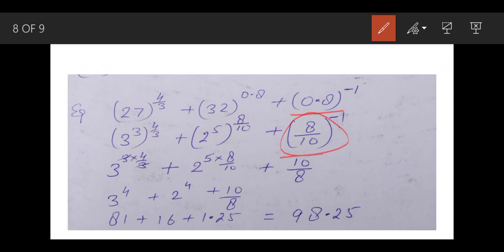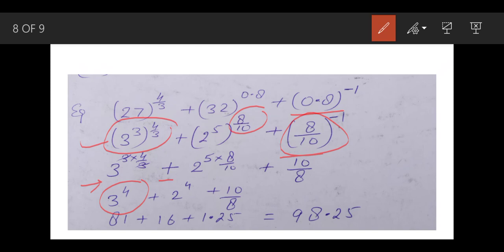So, as we have studied, power to the power will be multiplied. So, 3 to the power 3 multiplied by 4 by 3. This 3 and 3 will be cancelled out. We will get 3 to the power 4 plus 2 to the power 5 whole power 8 by 10. 32 is written as 2 to the power 5, and 0.8 is written as 8 upon 10.